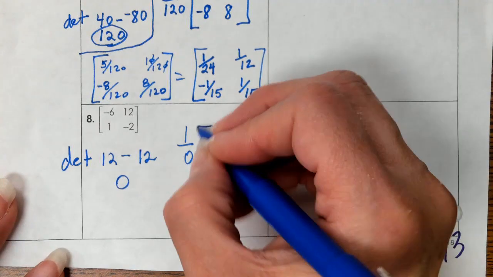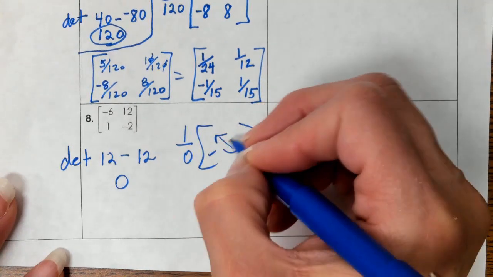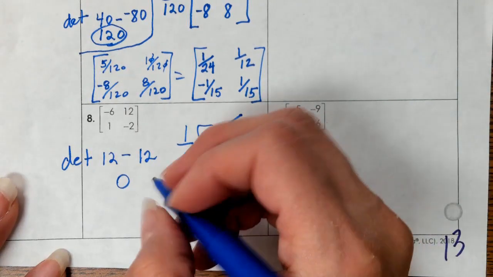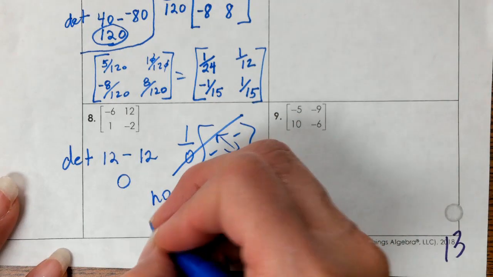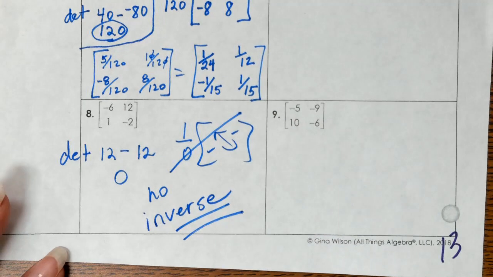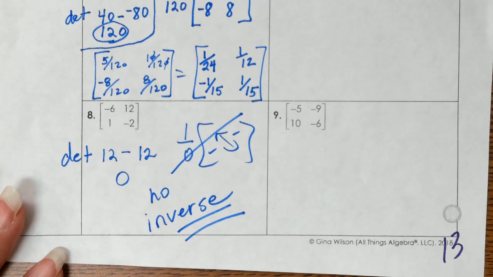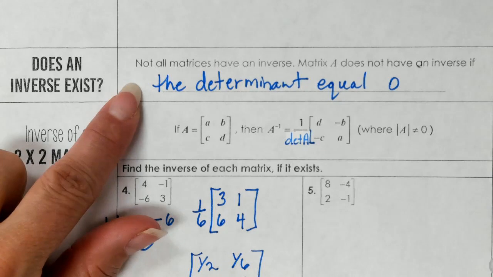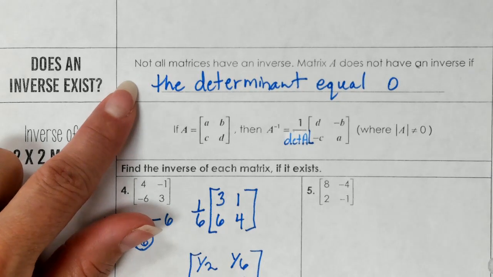So this one, you can't really finish doing the math. It has no inverse. Okay, so number 8 is a matrix that they were talking about in that little box up top right here. It does not have an inverse because the determinant equals 0.